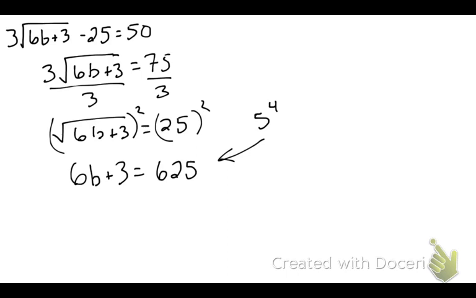To solve this, we'll need to subtract 3 from both sides, so 6b equals 622. And then divide both sides by 6.